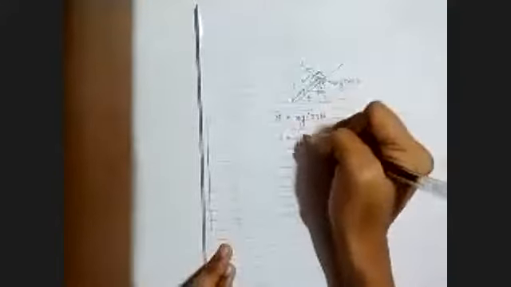this will be mg sine theta. This will be mg, and this will be mg cos theta. N is equal to mg cos theta. a is equal to g sine theta.